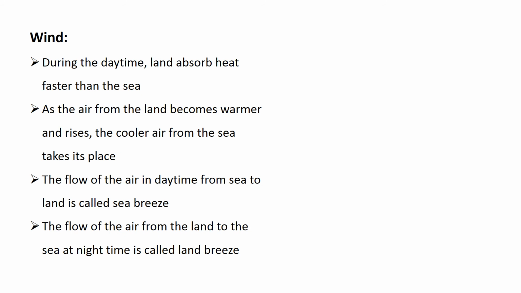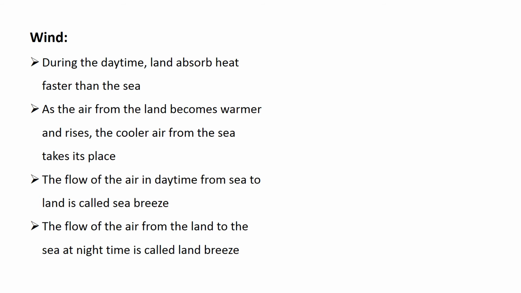Wind. During the daytime, land absorbs heat faster than the sea. As the air from the land becomes warmer and rises, the cooler air from the sea takes its place. The flow of the air from the sea to the land in daytime is called sea breeze.